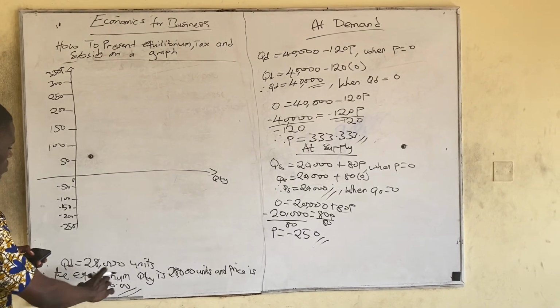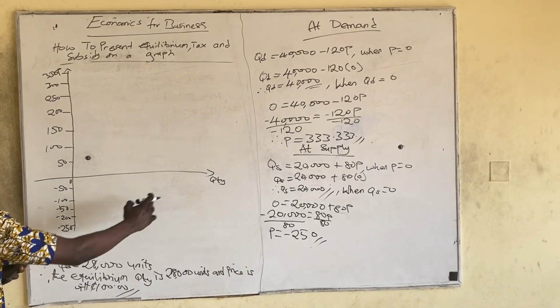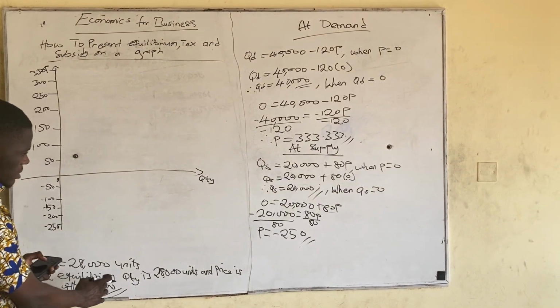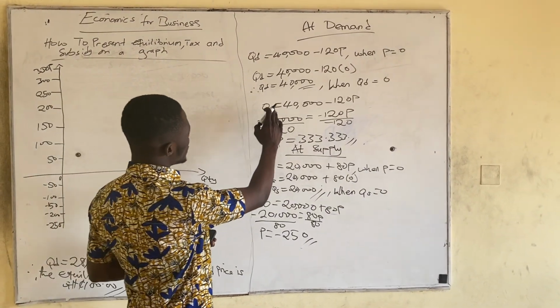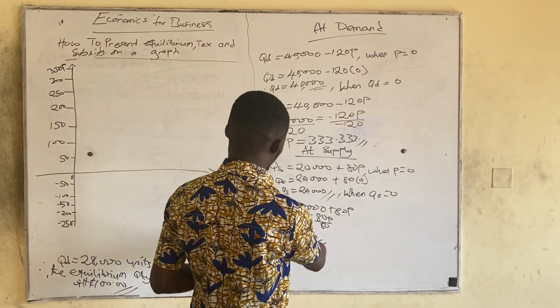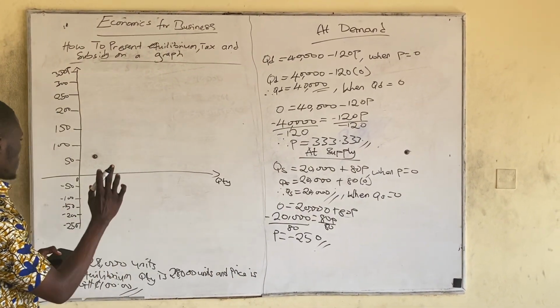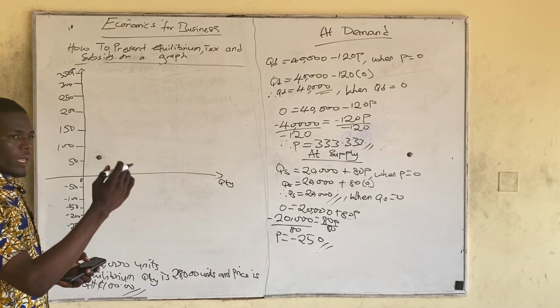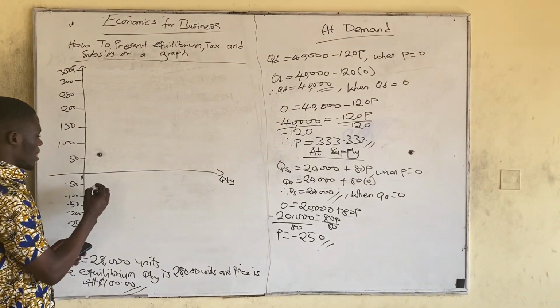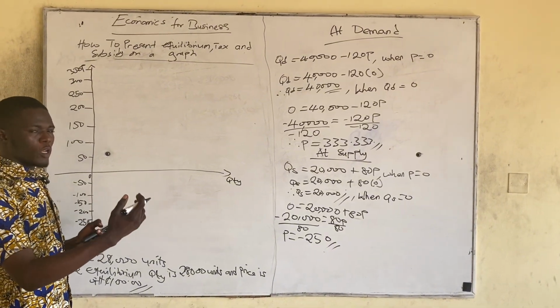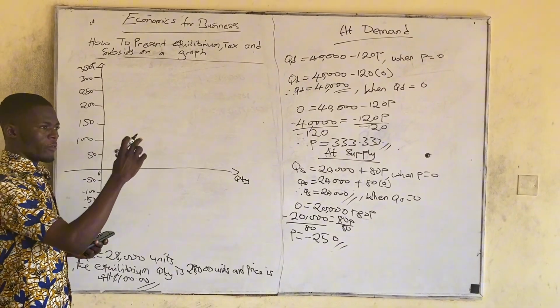Okay, now let's look at the quantity side too. The quantity, we have 28,000 units, we have 40,000 units, and then we have 20,000 units. So here we can start with 10,000, 10K, as the interval. Instead of writing 10,000, which will be long, I'll just use K, which is 1,000.